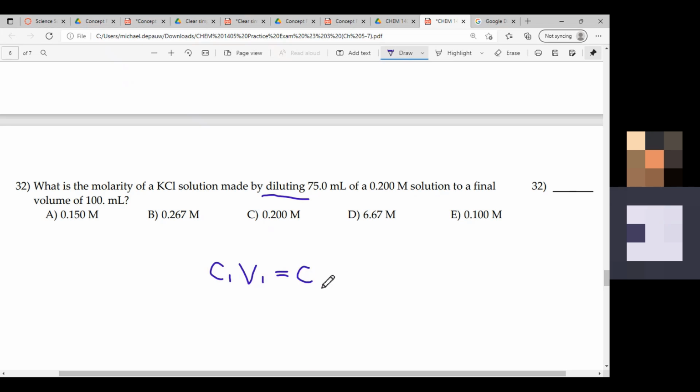Sometimes it's just written in terms of molarity, because molarity is the most common concentration used in chemistry, in which case it would be M1 V1 is equal to M2 V2, but it can actually be used for percent concentration as well, or any concentration really. So my initial concentration is 0.2 molar.